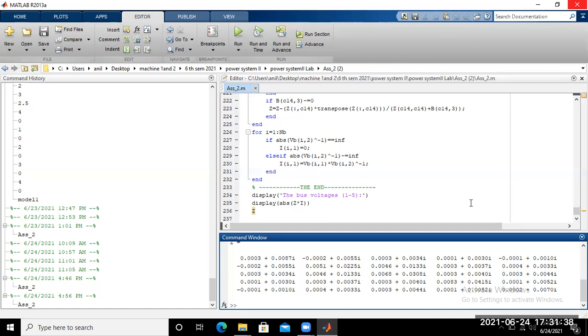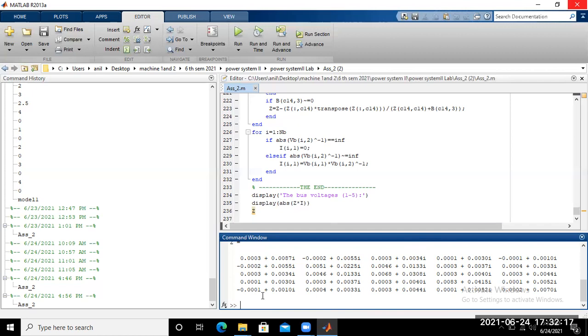Similarly, Z41, fourth row, first column. The resistance value is 0.001 and the reactance value is 0.0030. For Z42, the resistance value is 0.003 and the reactance value is 0.00371. Z43 may be obtained from this matrix. This one represents the reactance value of Z51.